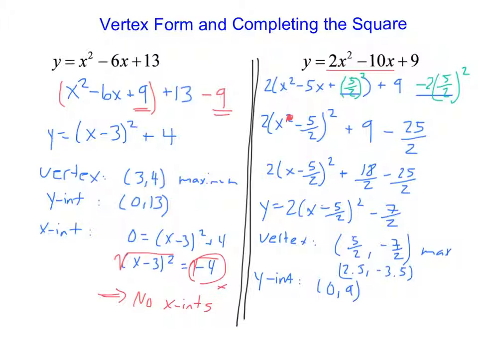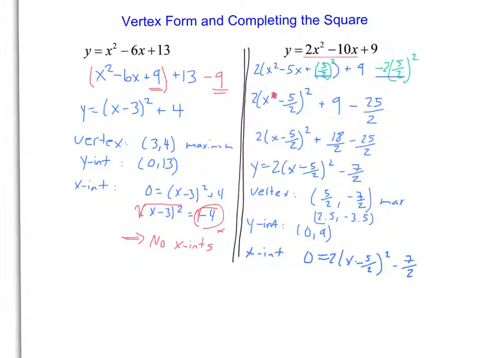So let's build a little bit of space. So remember, we're setting it up where the y is now 0, because we want the x-intercept. And you can move the 7 over 2 over. You get this. And now we can divide by a 2. So I'm going to get x minus 5 over 2 quantity squared. Dividing by 2, I get 7 over 4. And at this point, we can take the square root of both sides.